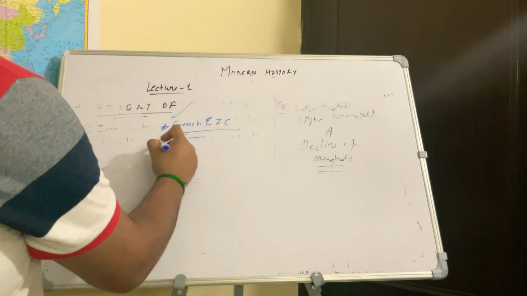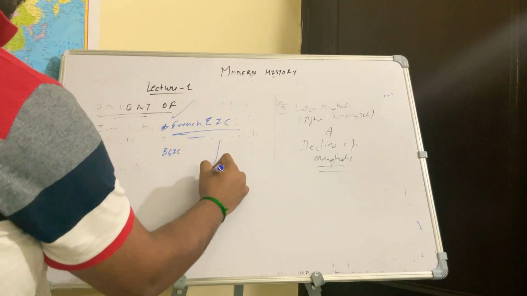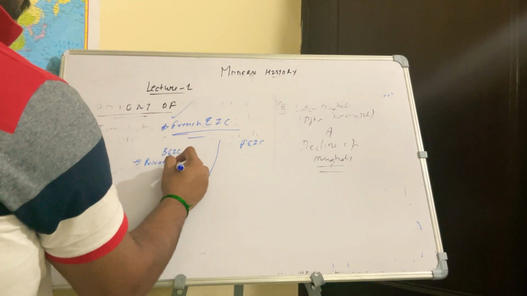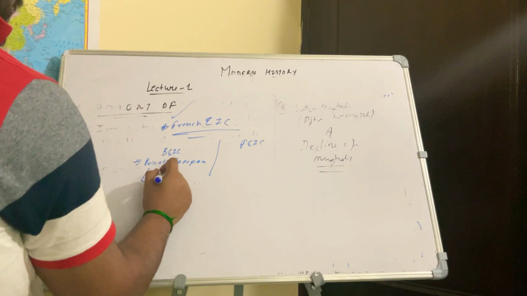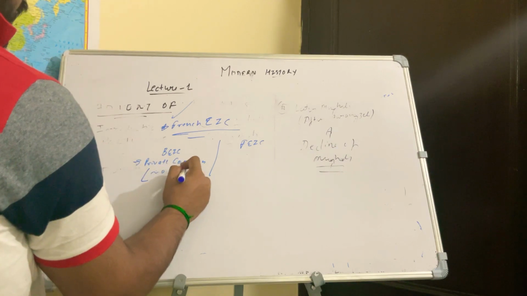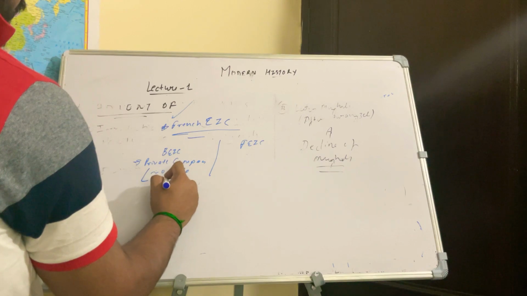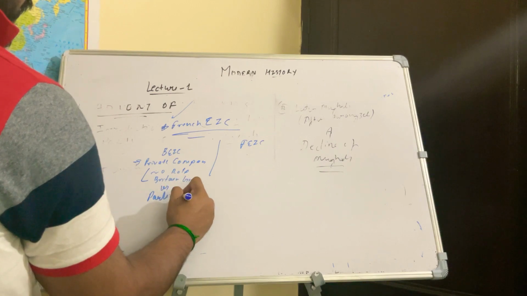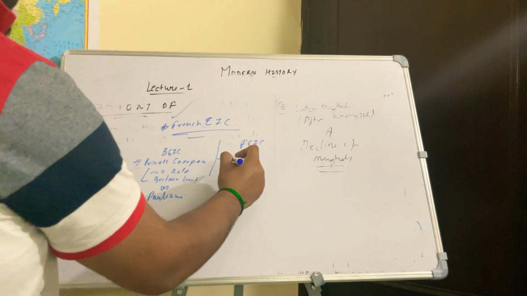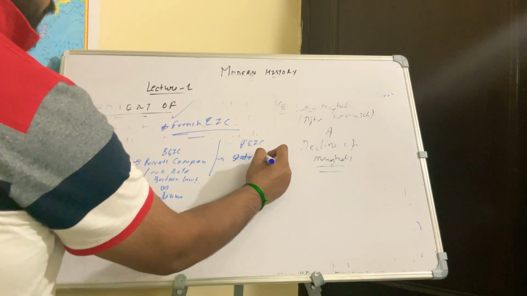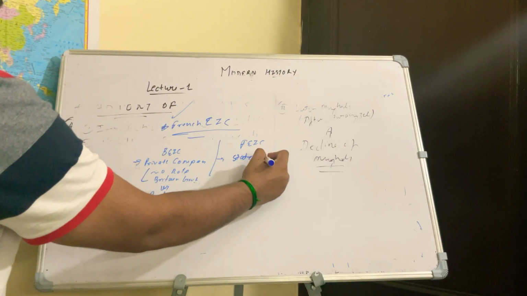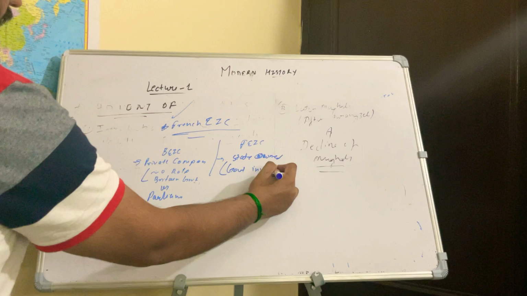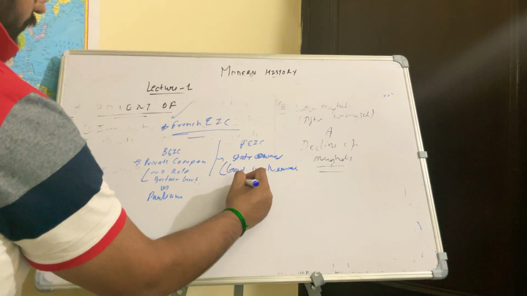Now the basic difference here is that your British East India Company was like a private company with almost zero role of the British government or parliament. But on the other hand, the French was state owned, which means the government involvement was very high.